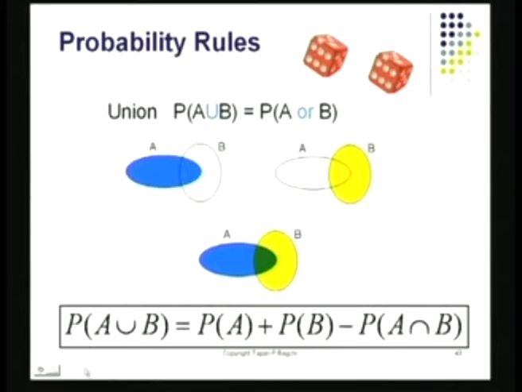The formula here is the probability of A union B, which is like finding an outcome either in A or in B. That turns out to be P(A) plus P(B) minus P(A intersection B). This we have seen before.